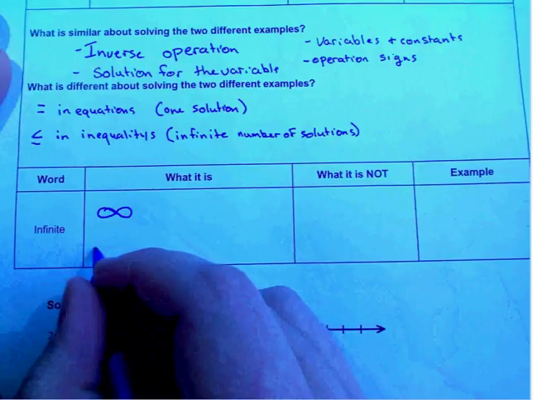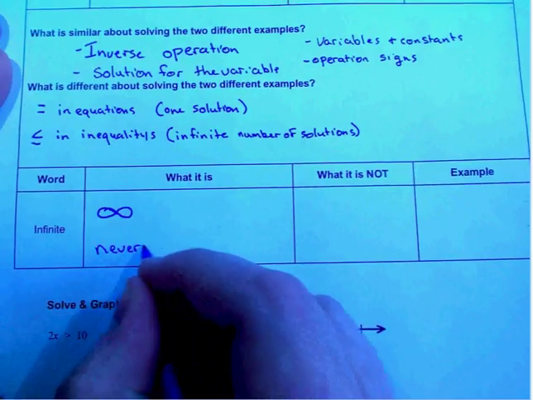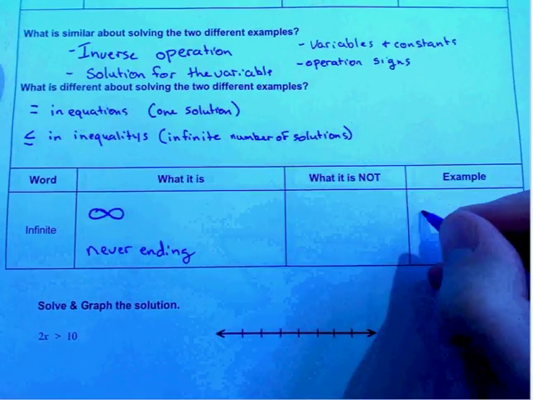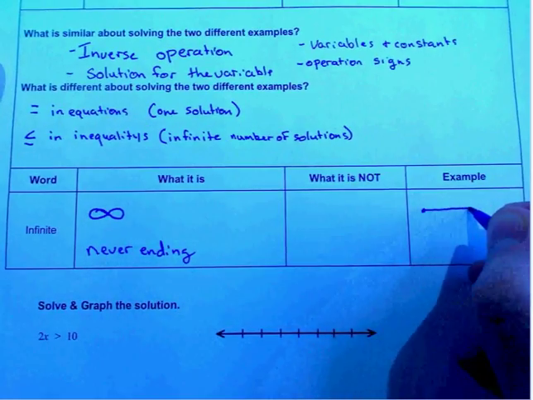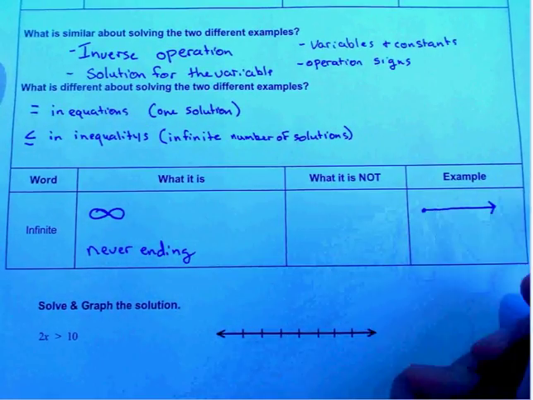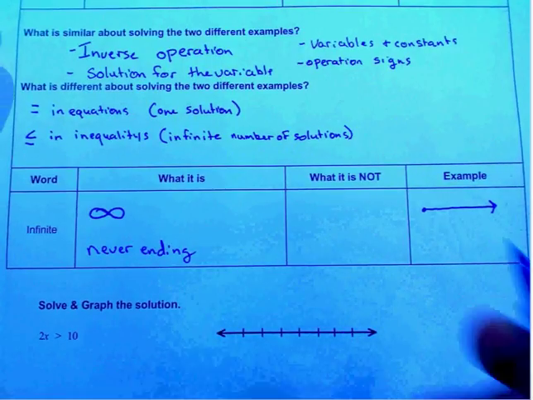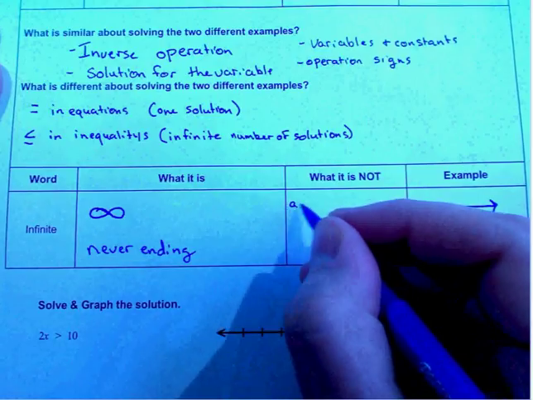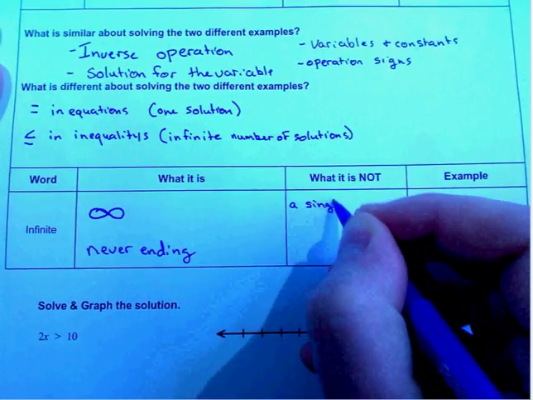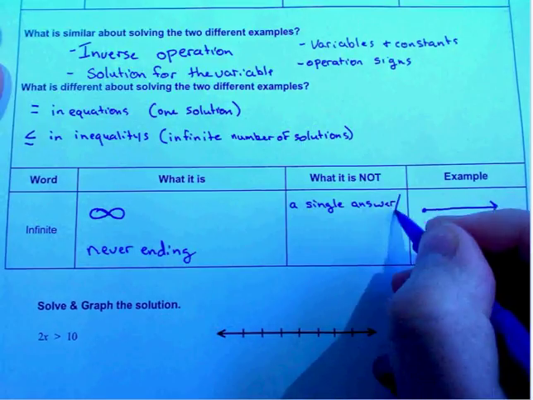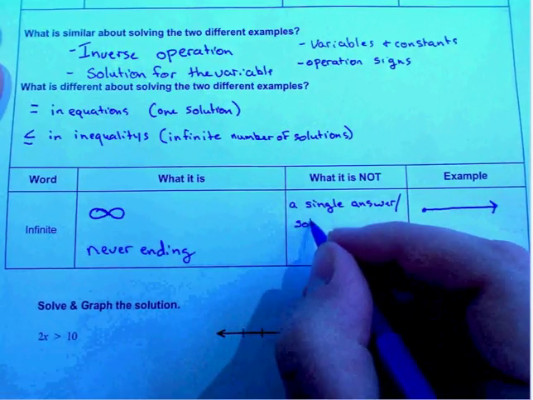So infinite would be never ending. Like when we draw a line segment, whenever we put the arrow on, that means it goes on forever. It keeps on going, keeps on going. Okay? What it's not is a single answer, or solution.